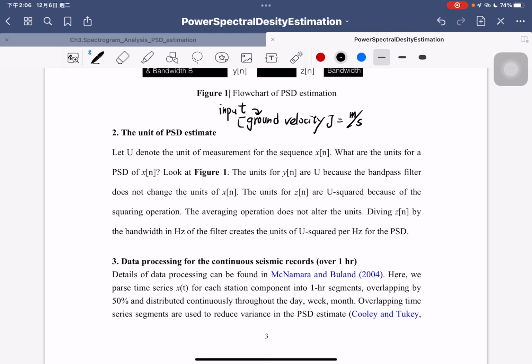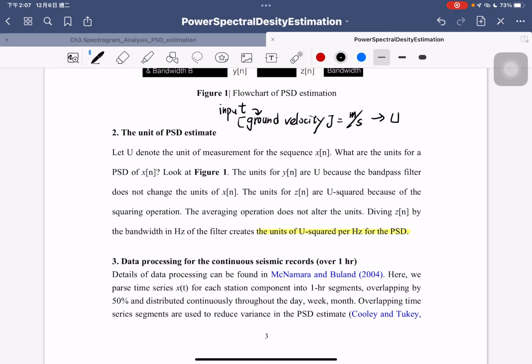So what's the unit of the power spectrum density? You see that I highlight here. The unit of the power spectrum density is U squared per hertz. So right now the U I use in here is the unit of the input data.